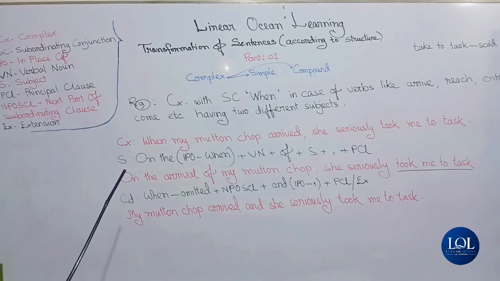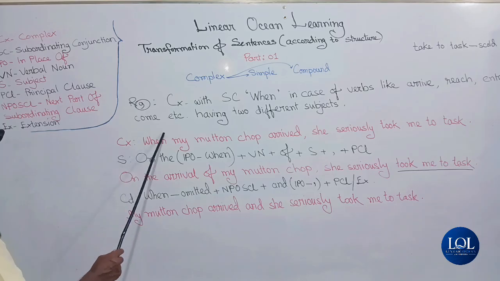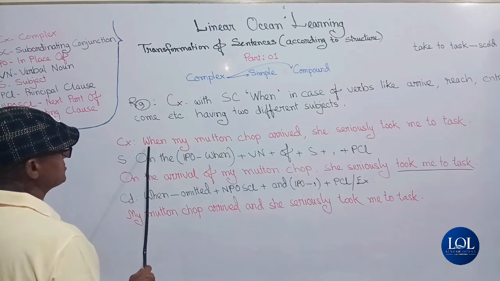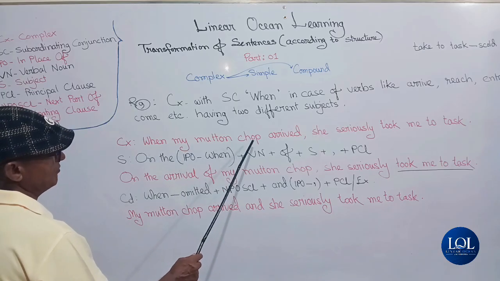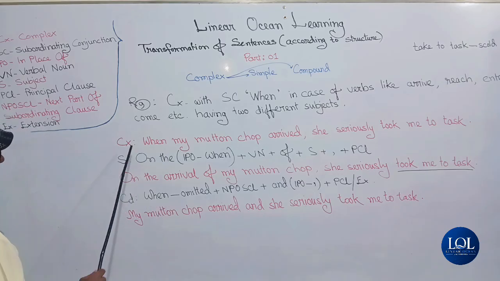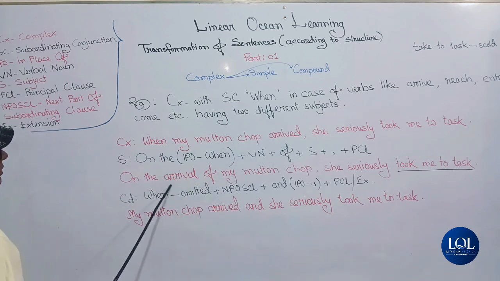If we want to put it into a simple sentence, we have to follow this structure. In place of when, we will have to put "on the", then verbal noun. In this subordinating clause, when my mutton chop arrived, the verb is arrived and its verbal noun is arrival. So in place of when, it is "on the", then in lieu of arrived, it will be arrival.